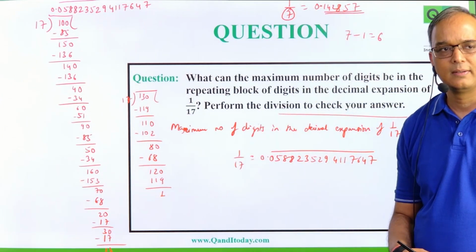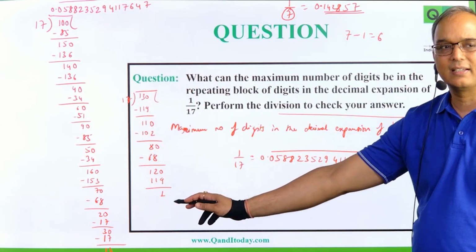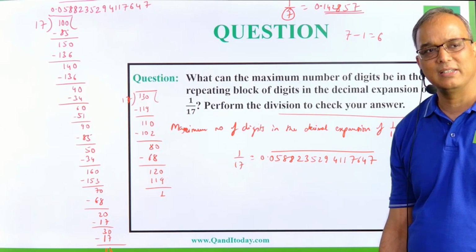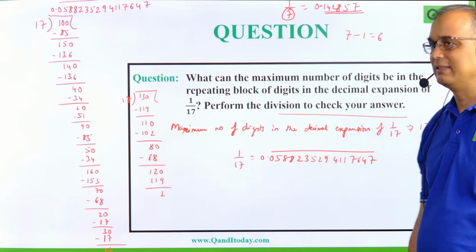So this is the complete division which ends here with the same remainder as 1, which was the first remainder from where we started, 1 over 17.